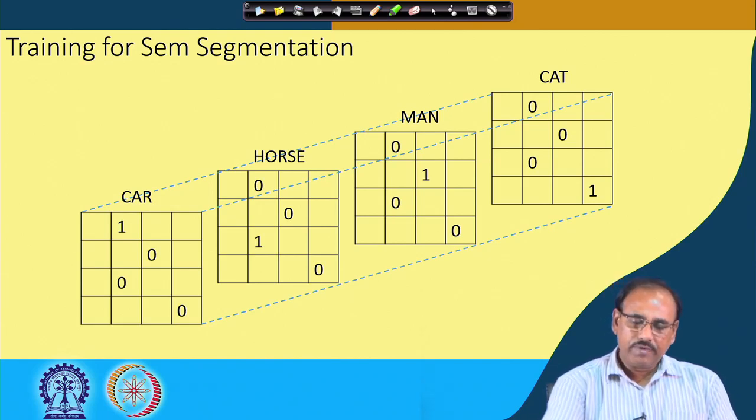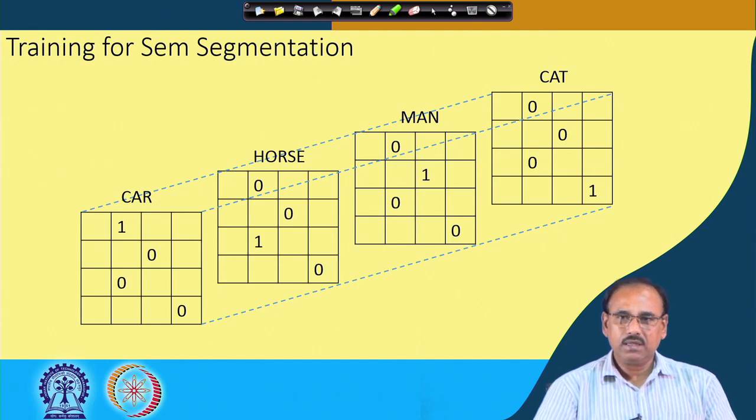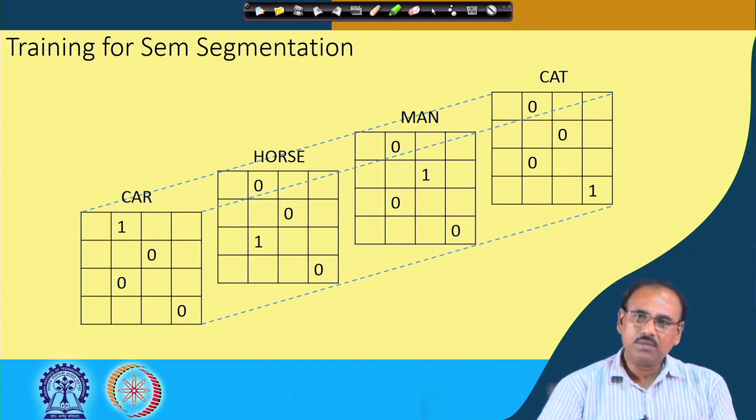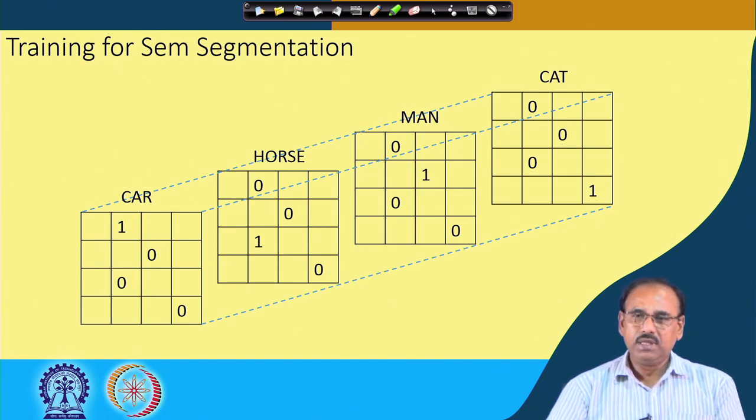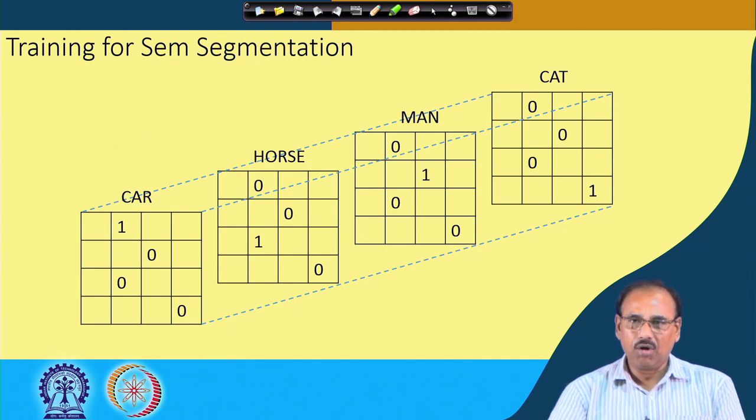So, the array of one-hot vectors is something like this: your output array is of the same size as that of the input image, but every element in the output array is now a one-hot vector, where if a pixel within the original image belongs to a region occupied by say horse, then in the output one-hot vector at the corresponding element, the component corresponding to horse will be 1 and all other components will be equal to 0. So, these are the one-hot vectors, or the target vectors.